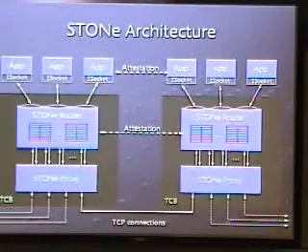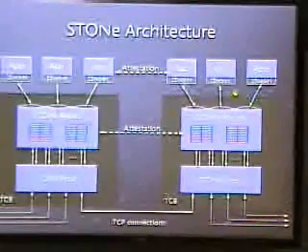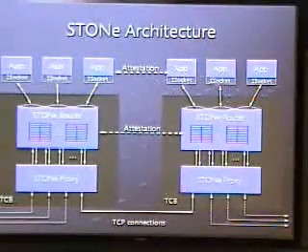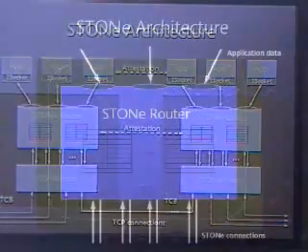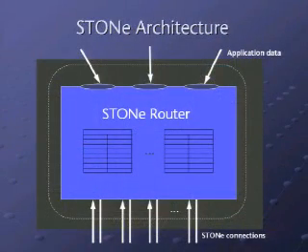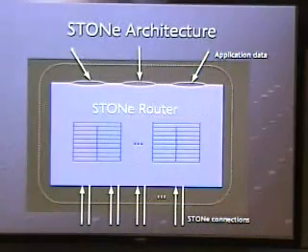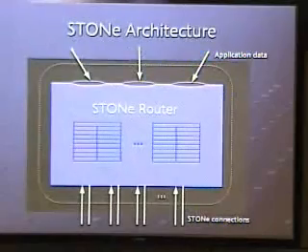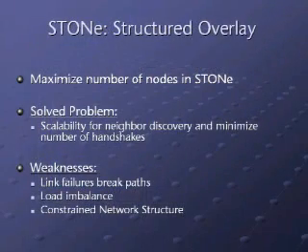So only these apps communicate via Stone sockets to the router. When we now look at the router, we see that they provide the socket to the application and communicate to the proxy using these Stone connections.